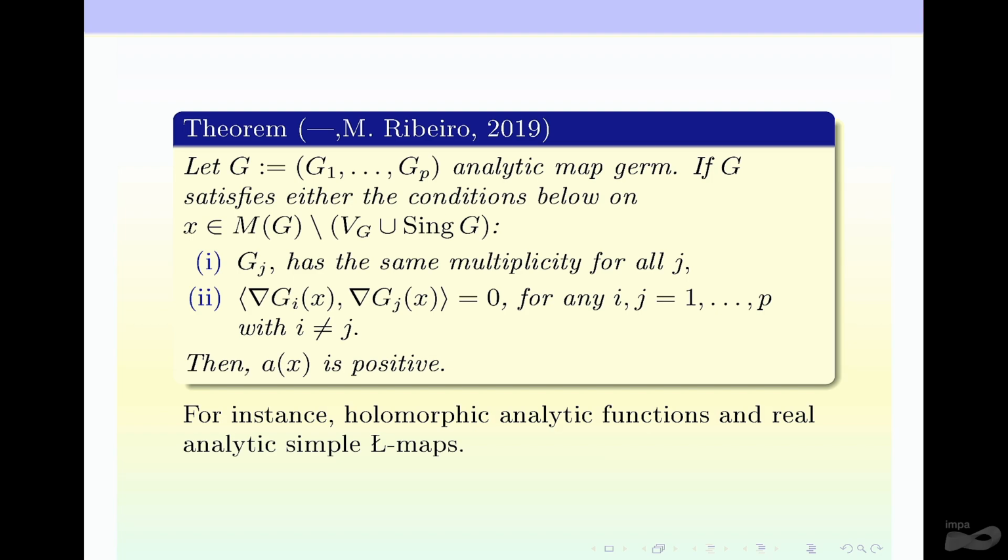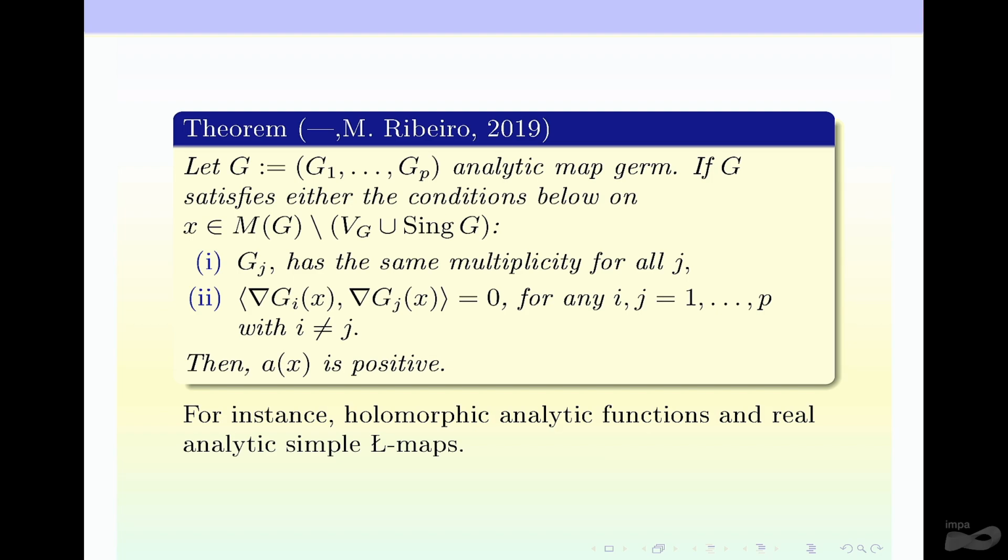And also, there is another class of mapping, actually this naming was set by David Massey, called the simple L map. But what's the definition of the simple L map? A simple L map is nothing less than what is called a harmonic morphism.